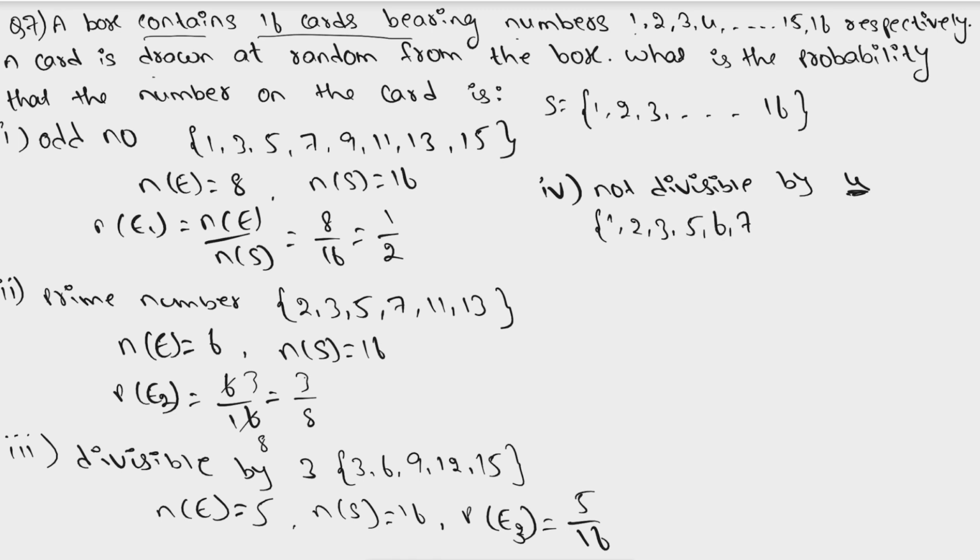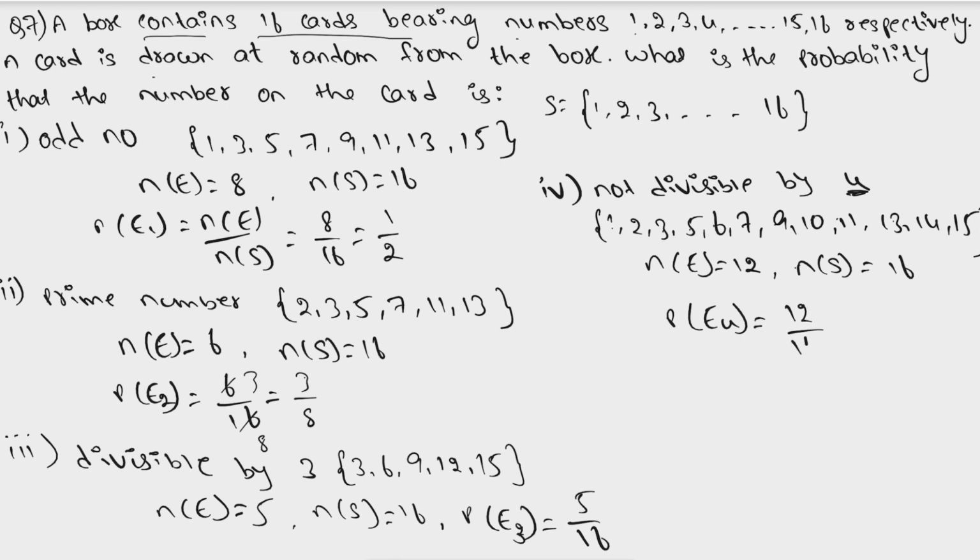Then 5, 6, 7, 9, 10, 11, 13, 14 and 15. So how many elements do we have? 1, 2, 3, 4, 5, 6, 7, 8, 9, 10, 11 and 12. Our n of E is equal to 12 and our n of S is the same, which is 16, and the probability of this fourth event is 12 by 16, which can be simplified as 3 by 4.